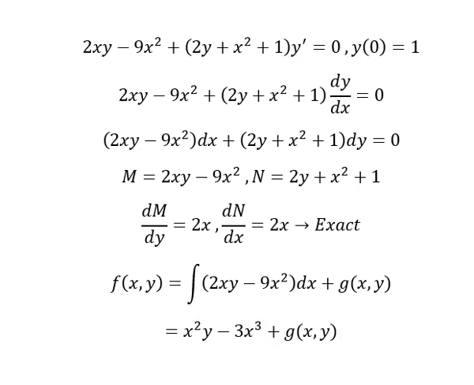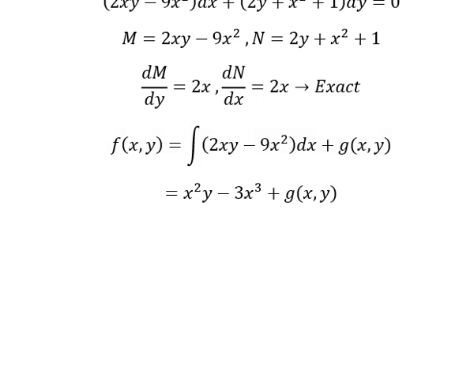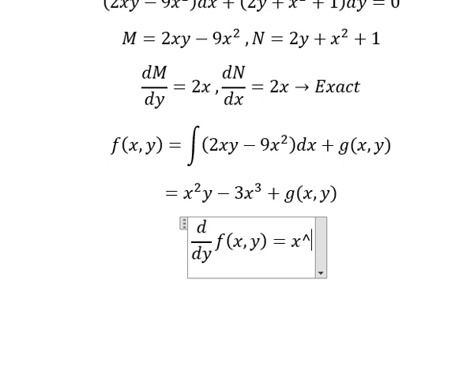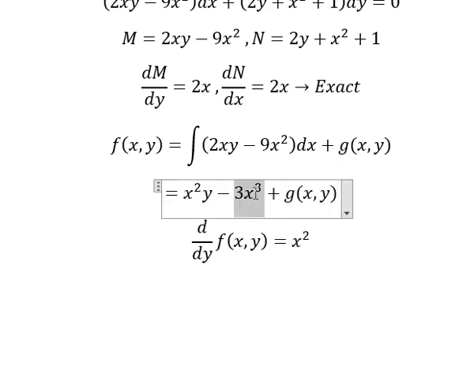Next, we need to first take the derivative of f with respect to y. So this one we have number 1. This one we don't have y, so you get number 0.